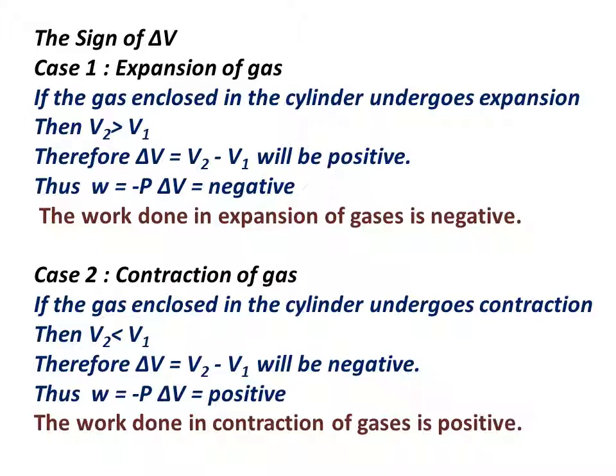It means that the surroundings are working on the system, so they are putting energy into the system, so there is an increase in energy. That's why it bears a positive sign when the gas is contracting. So work done is positive.